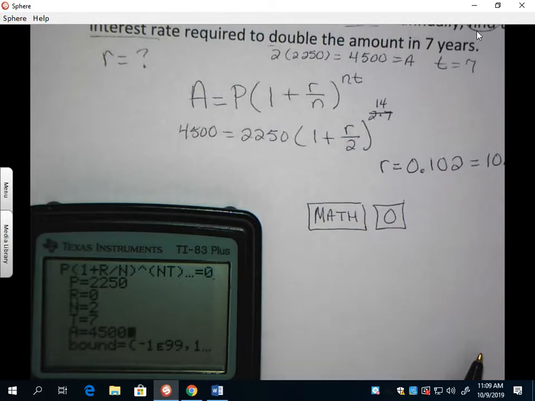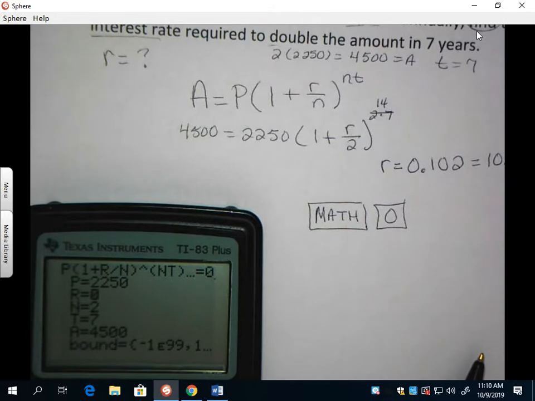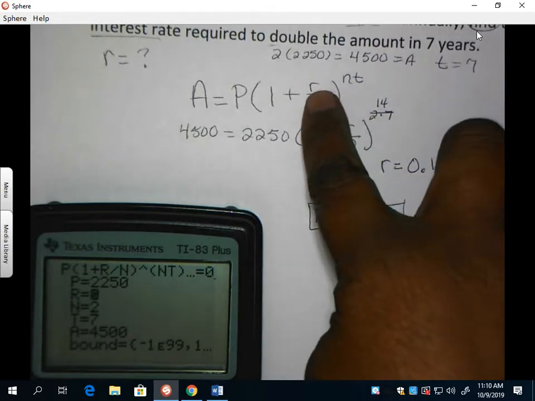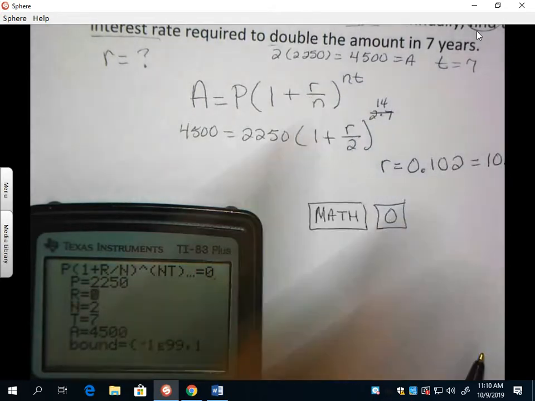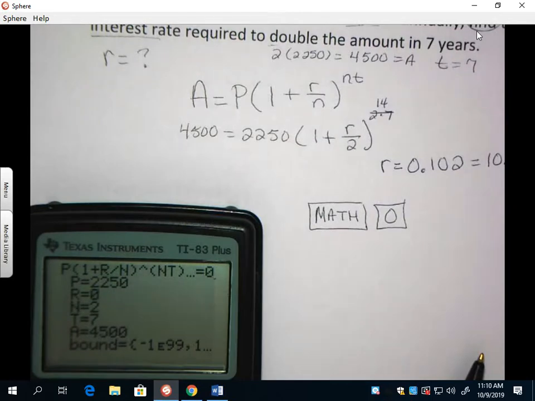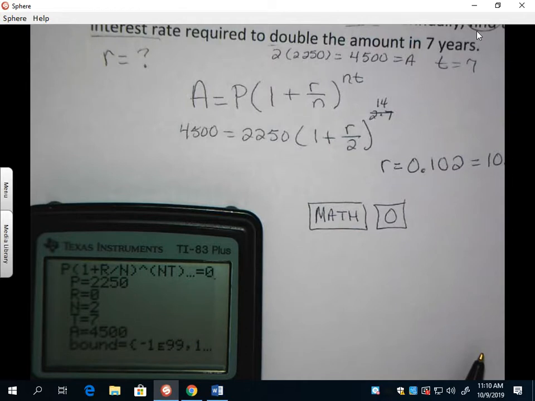So after you put in all the values, you move back up to the one that you don't know, our unknown, and you can put a guess in. I think 0 is fine because R is not in a denominator. If R was in a denominator, you would have to change it to something other than 0. So we can leave it as 0, keeping in mind that it has to be something between 0 and 1. And so I'm going to leave it 0 and press alpha, enter.